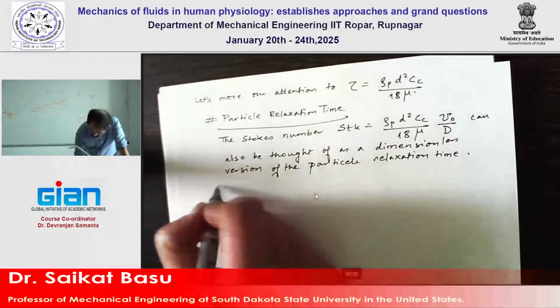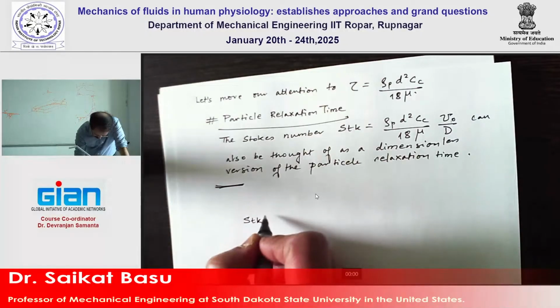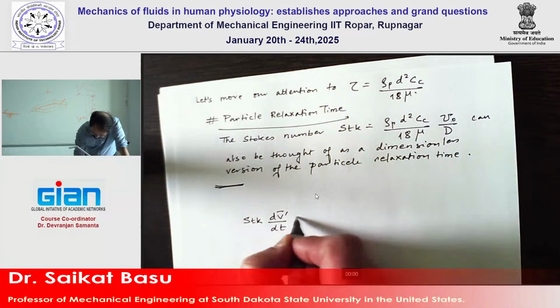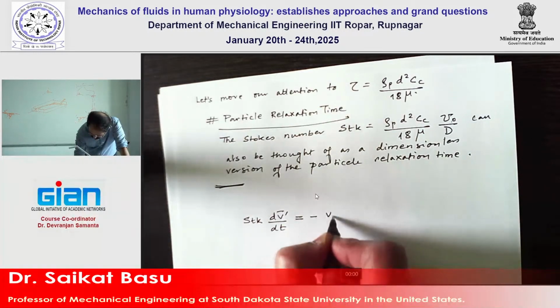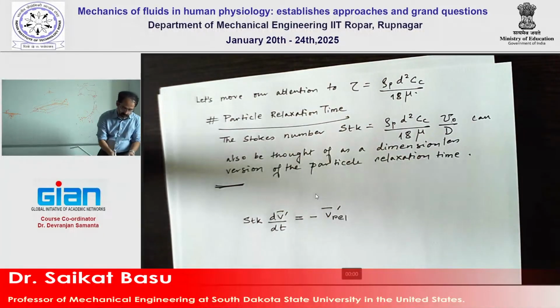So we have STK dV prime over dt is equal to minus V relative. Where is this coming from? This is coming from equation 14.